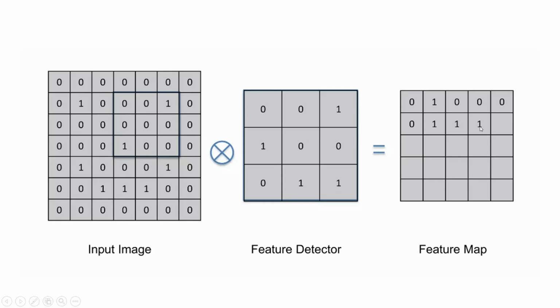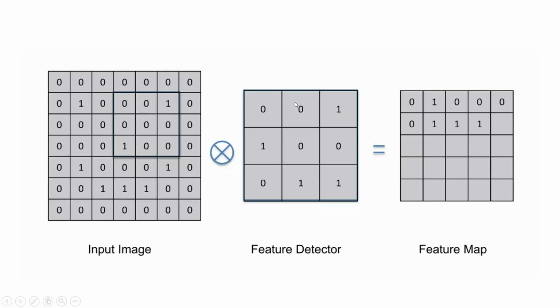So don't get confused about how you are going to get 1. This particular coefficient will be multiplied by this coordinate, and then their product will be summed with the product of this particular pixel and this particular coefficient.